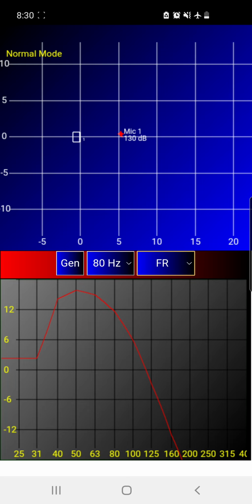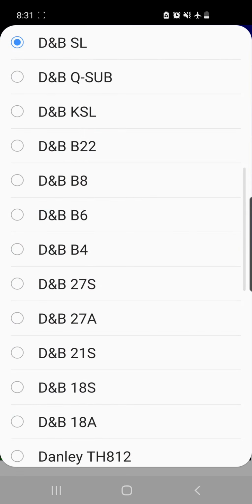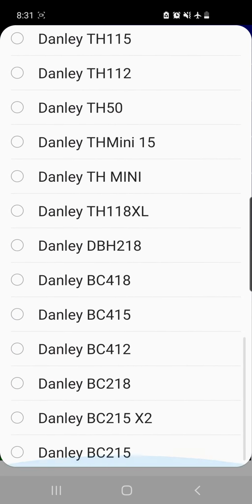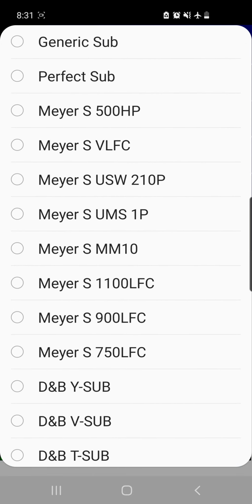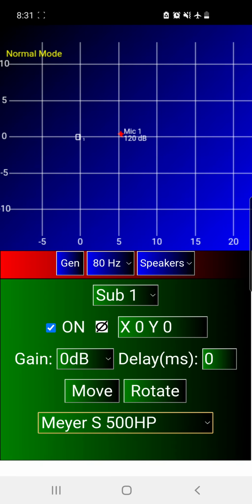So the problem with these real world sub models is that they could be misleading when students are trying to understand what's going on with the acoustical results, with the acoustical summation.